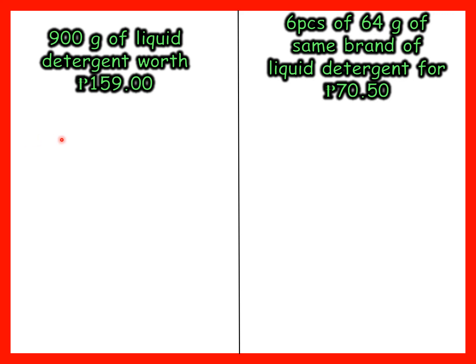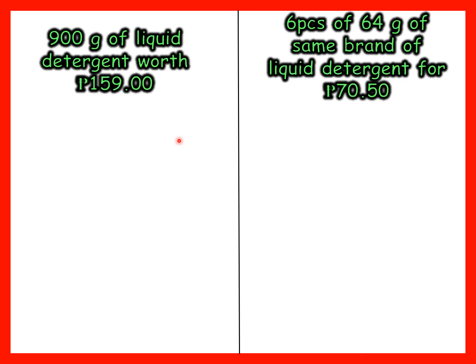So that's the antecedent for the left ratio, and that's also the antecedent for the right part of this proportion. For our consequent, that's 159 pesos, and on the other side we will use the variable x since we are going to compute for that. So again, 159 pesos for 900 grams, but we do not know for 1 gram. That's why we are going to compute for this.